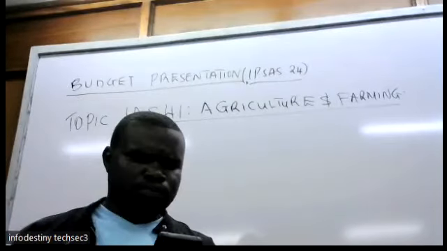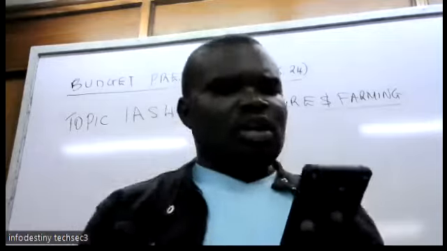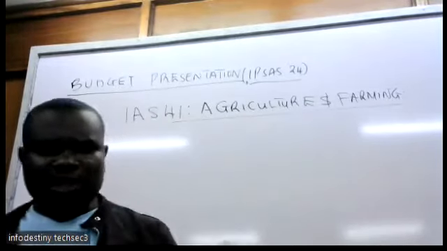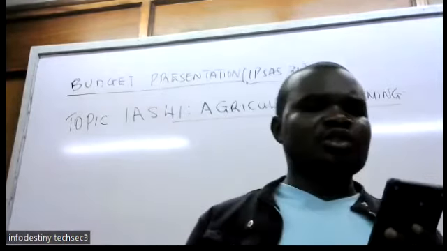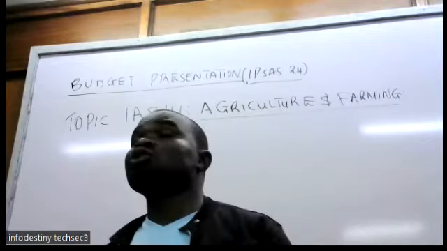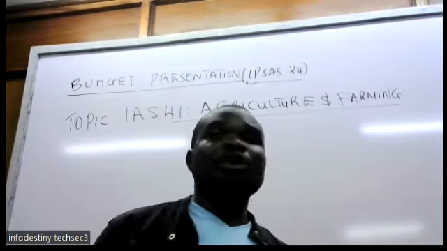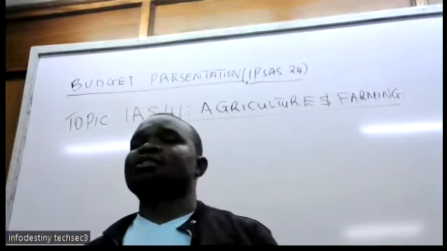So agriculture, yes. So agricultural activities and farming. So we are saying the objective of IAS 41 is to establish standards of accounting for agricultural activity. Some key definitions. Number one, biological assets.